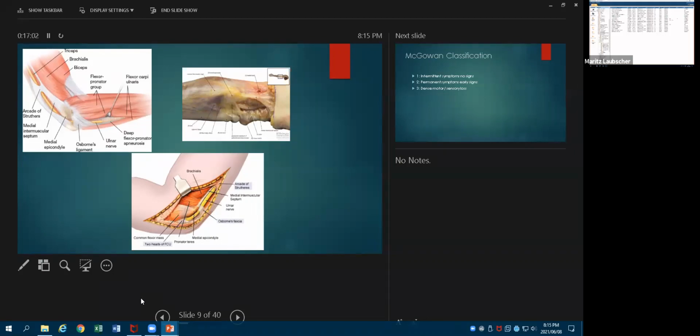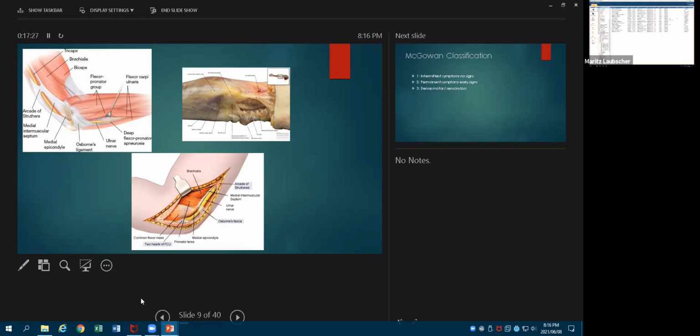Here, that's called Osborne's fascia. That's Osborne's ligament, the same thing. But that's where anconeus epitrochlearis used to be, and that's now the remnant of that aponeurosis. I call that the ligament, that sharp band, and then it becomes Osborne's fascia as it covers the two heads of FCU.